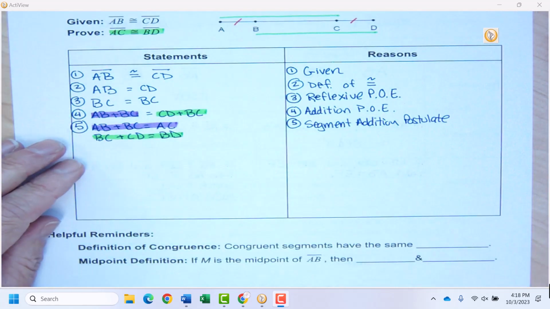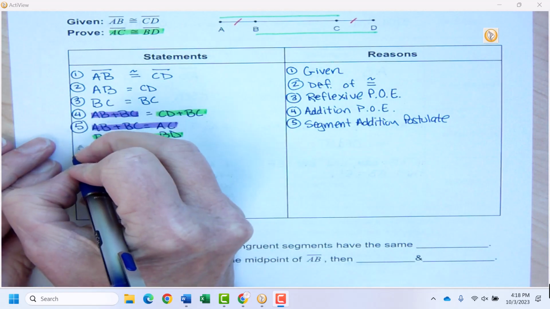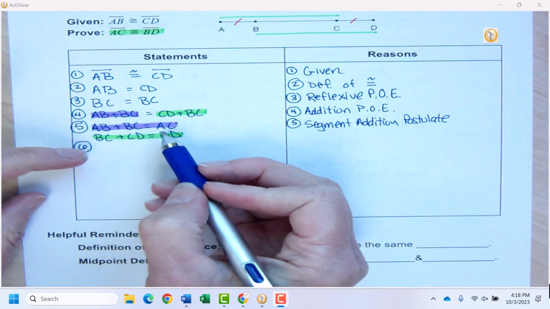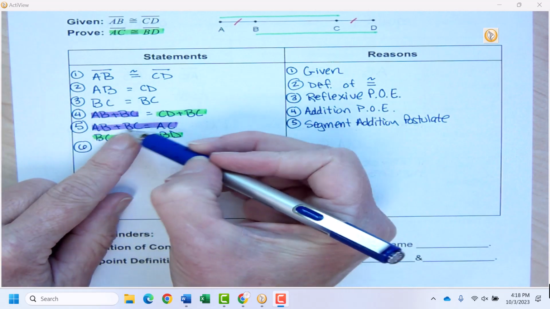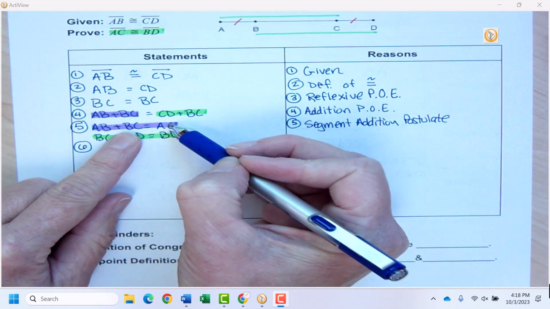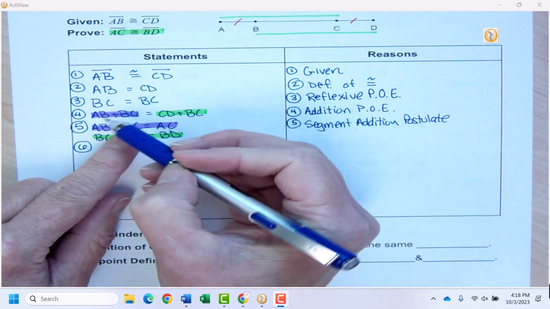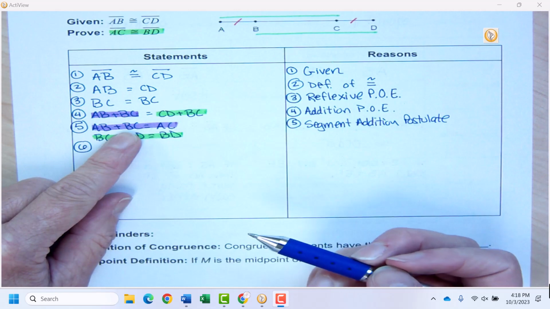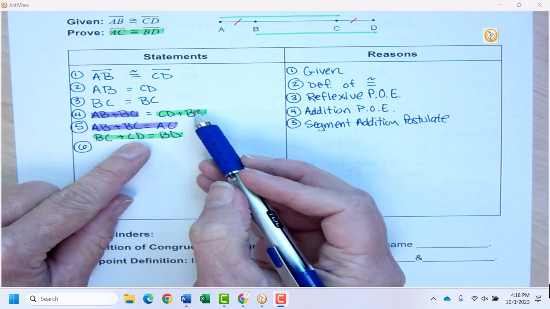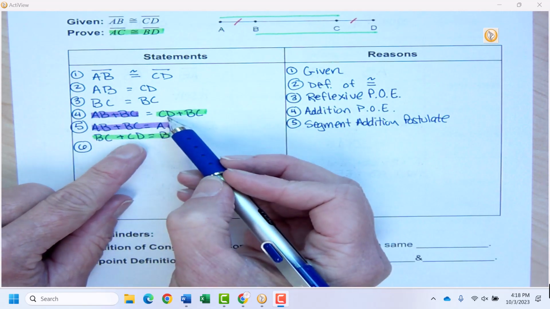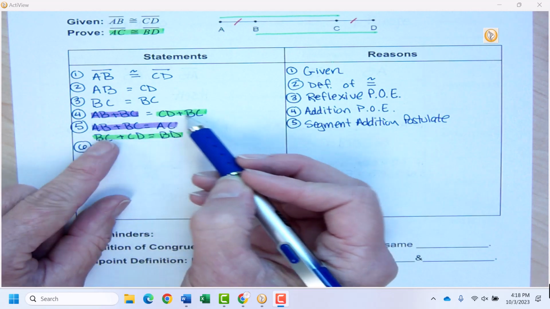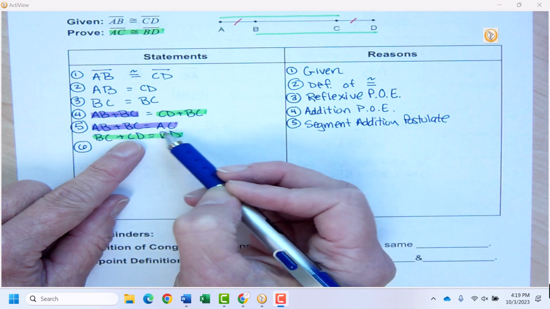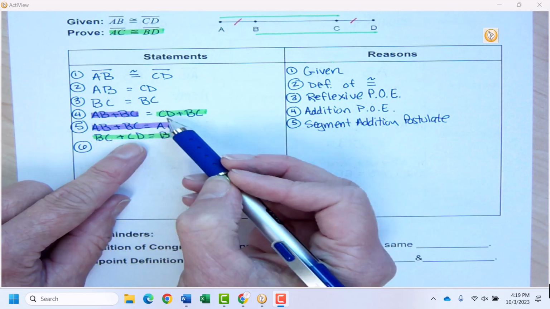So let's look at how we can pull all of that together. If AB plus BC is equal to AC, then I can substitute AC wherever I see AB plus BC. And the same is true here. CD plus BC, kind of flipped around here, is equal to BD. So I can substitute BD wherever I see BC plus CD.